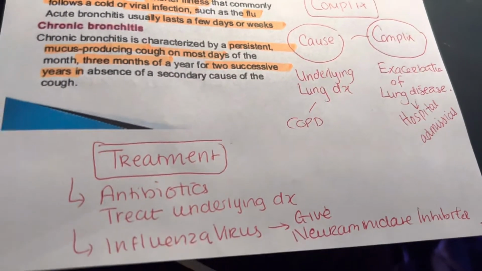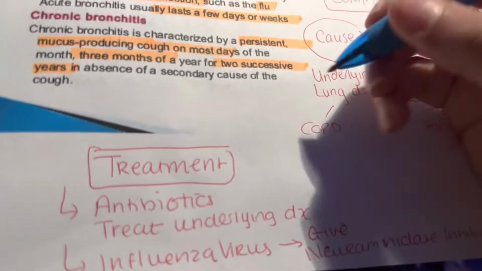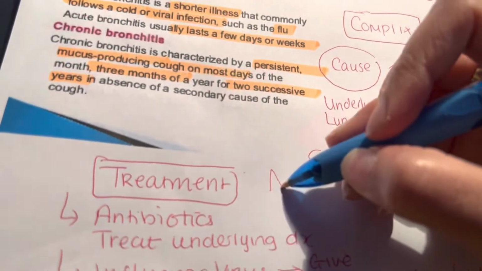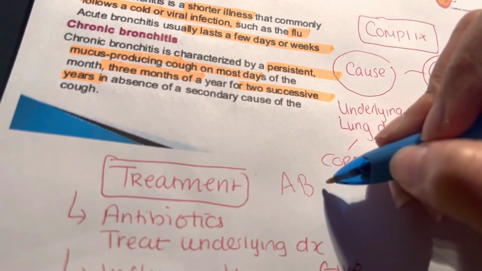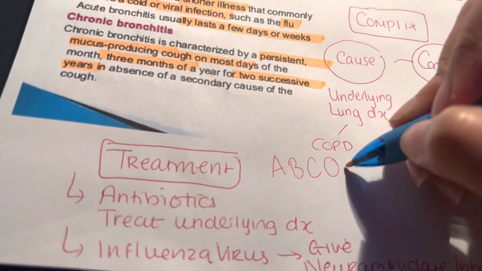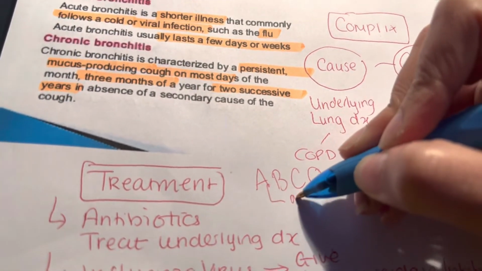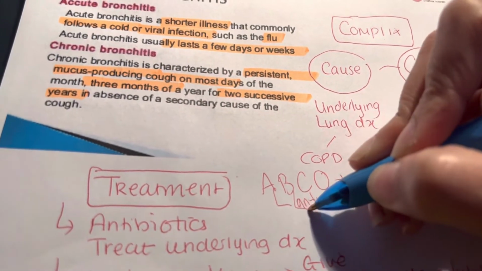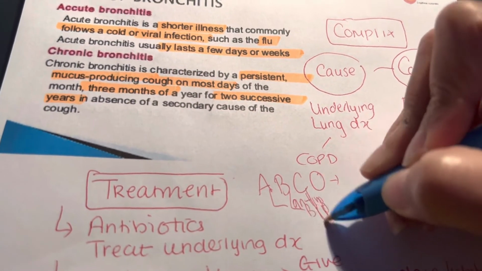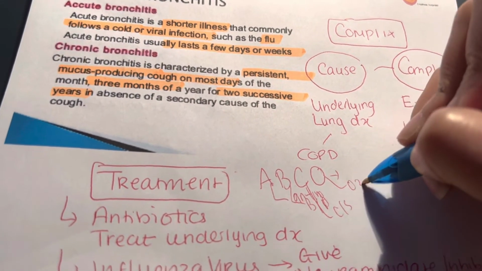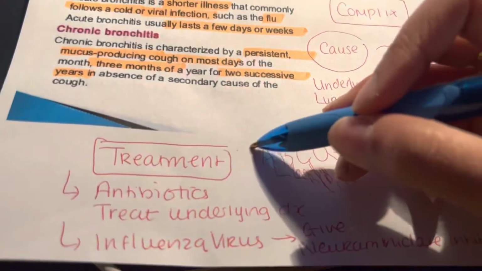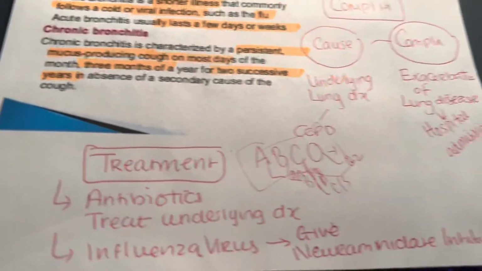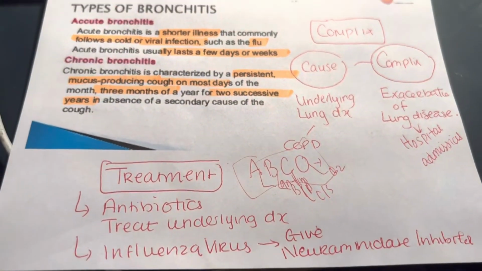And treatment-wise, I always like to remember all of the treatments that we're going to give in COPD and any infectious agent as ABCO, which would be antibiotics, bronchodilators, corticosteroids, and oxygen. It's always one of these 4 treatments that you're going to give for the lungs. So here we're going to give antibiotics because what is acute bronchitis?